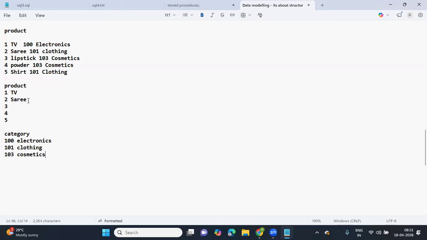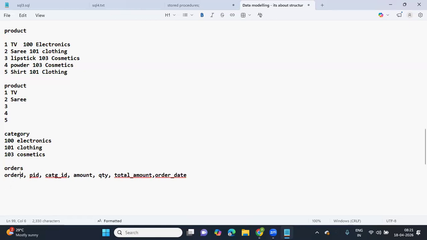Okay, so I'll have it in 2 different tables. Now in the orders table, I'll have order ID, I will have product ID, category ID, amount, quantity, total amount, and order date. Okay, this is how the data comes here.